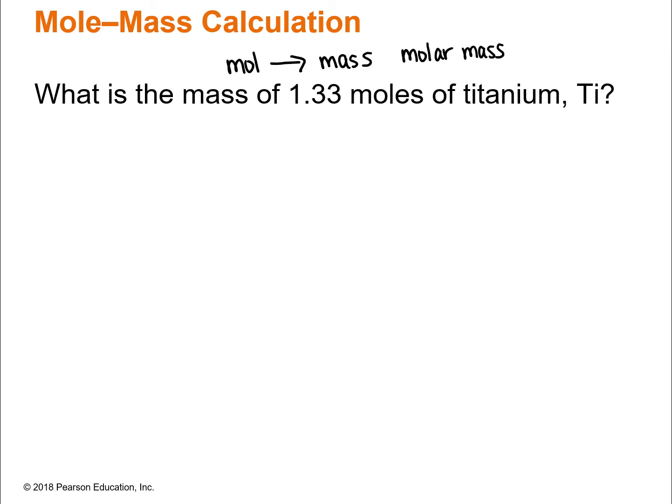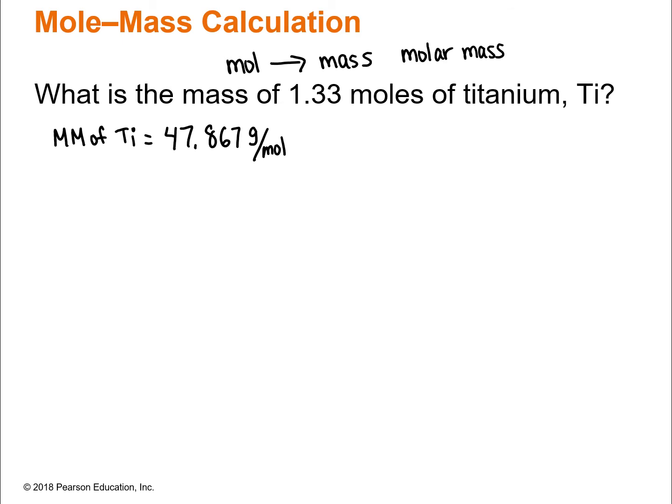Look up titanium on your periodic table and tell me what the molar mass is. The molar mass is 47.867 grams per mole.